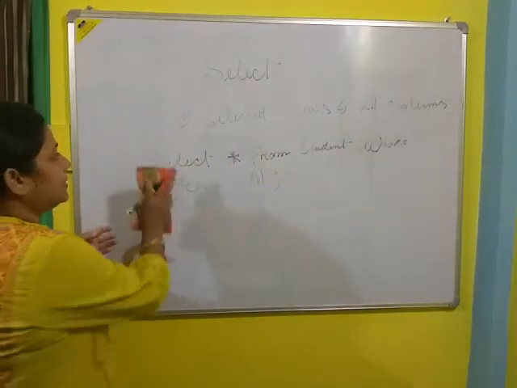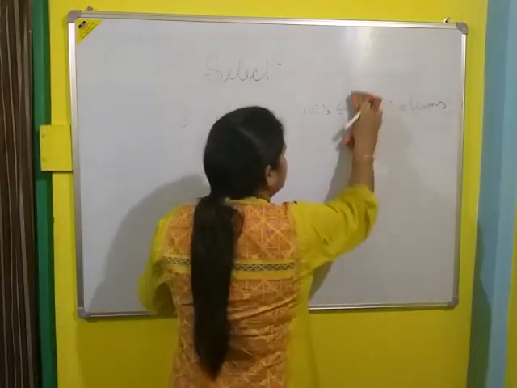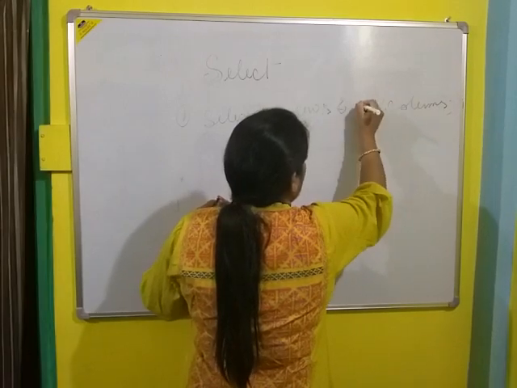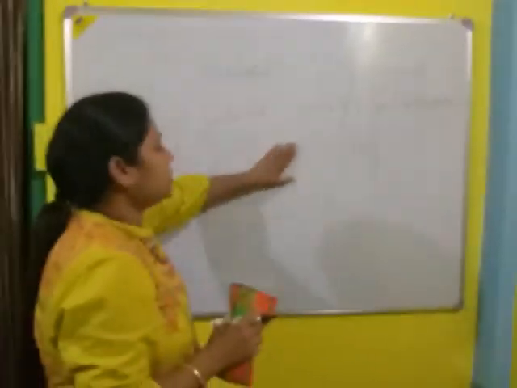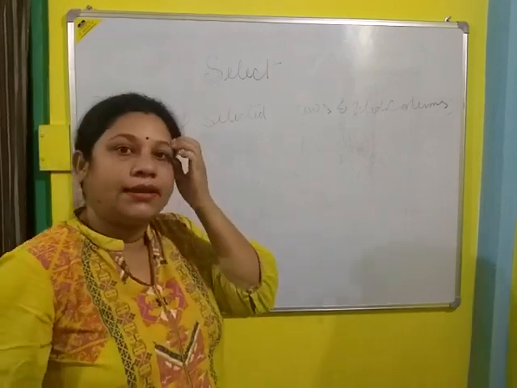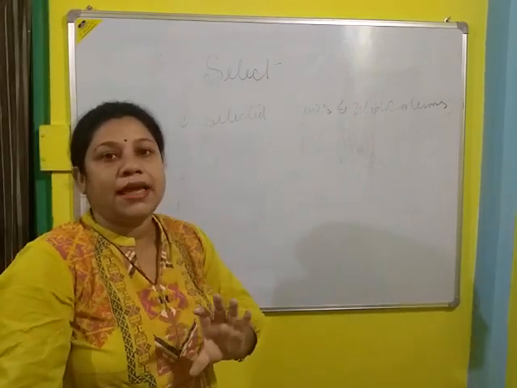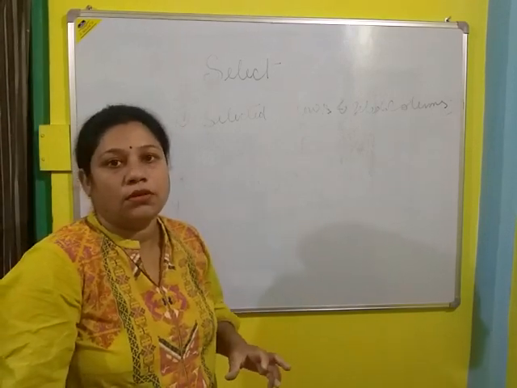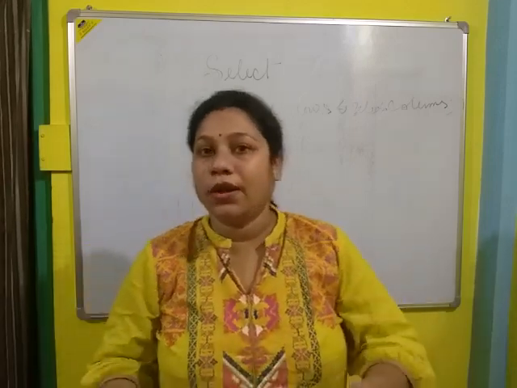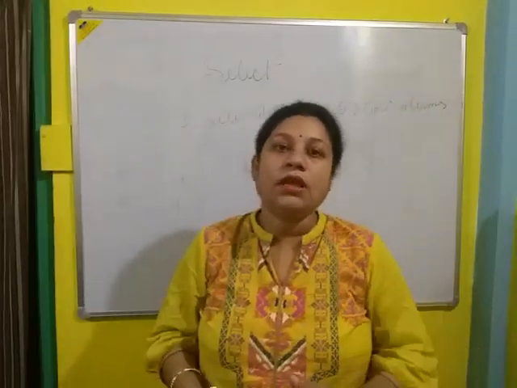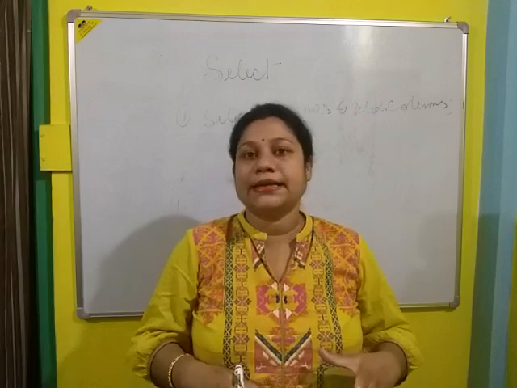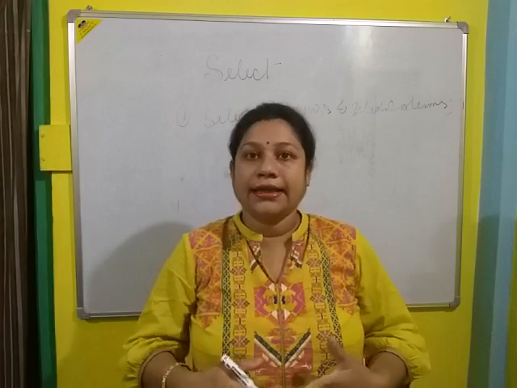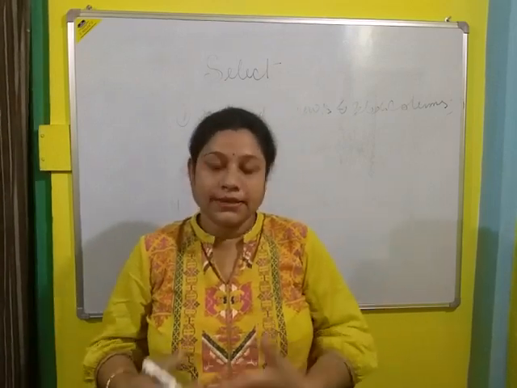Okay, and the last one is selected rows and selected columns. Selected rows and selected columns means here we are going to display selected columns and selected rows of a table, instead of displaying all the rows and all the columns of the table. Now I am going to put some condition through which we can restrict the number of rows and the number of columns of a table.